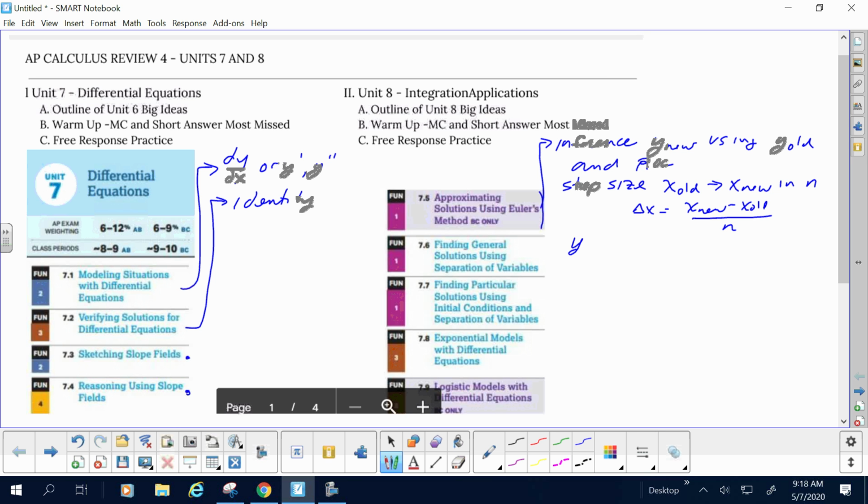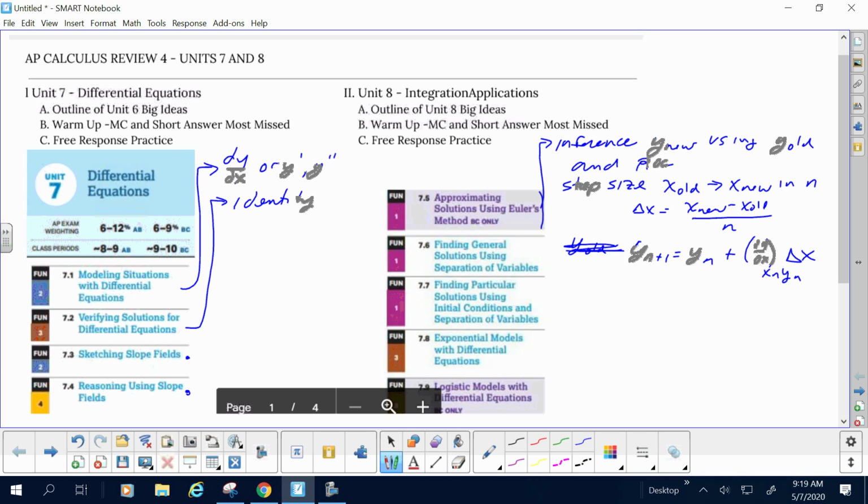The idea, by far, and you should show quality work, is y old, that might be y2 or y3 or whatever, let's just call it y new. y n plus 1 is the previous y, whatever it might be, plus the rate of change at the previous x and or y times an amount of change in x. All right. Think of it like a tangent line on steroids. It's multiple tangent lines making lots of recalculations.